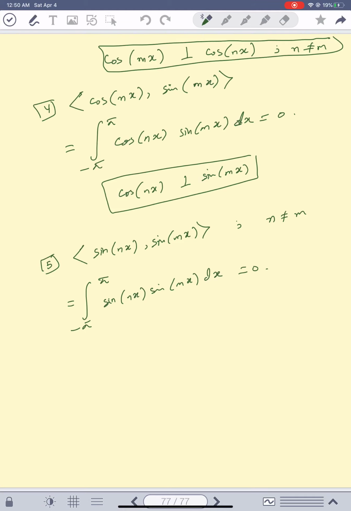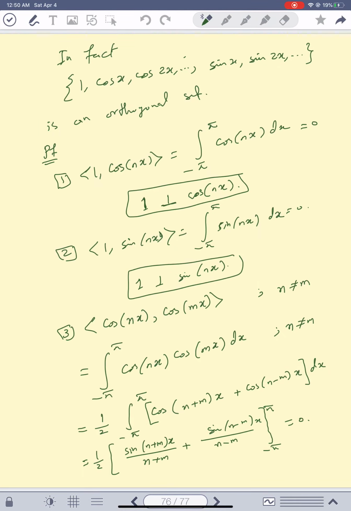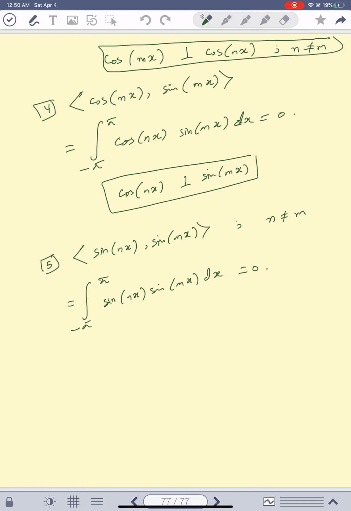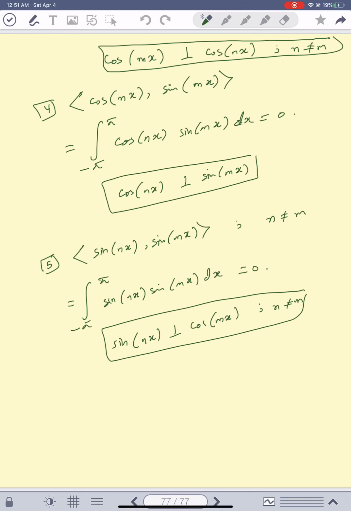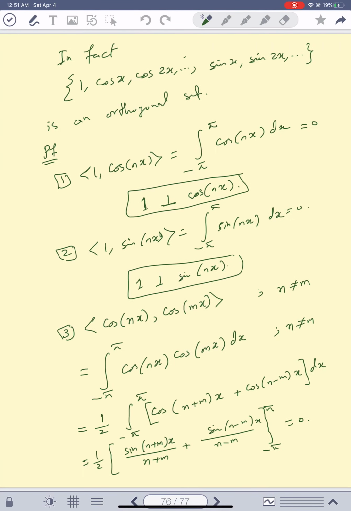And if you compute this like the computations we did in number 3, you will get 0. So sine nx is orthogonal to sine mx when n is not equal to m. These 5 steps show us that this set here is an orthogonal set.